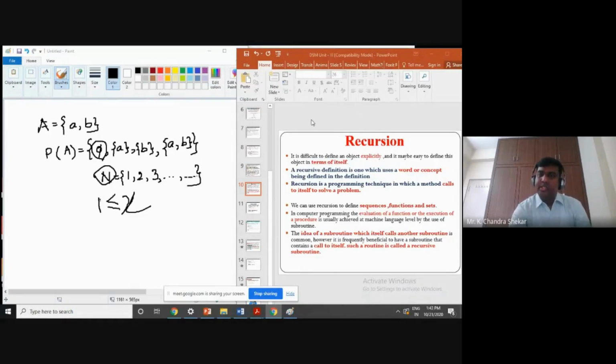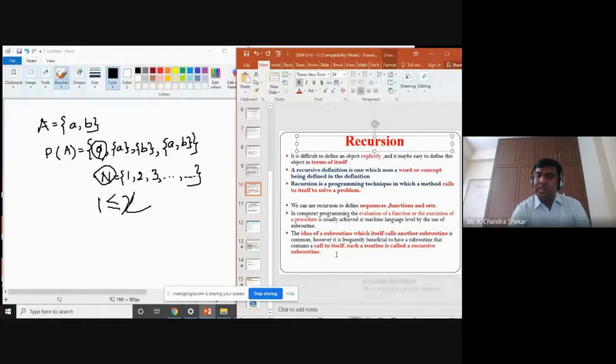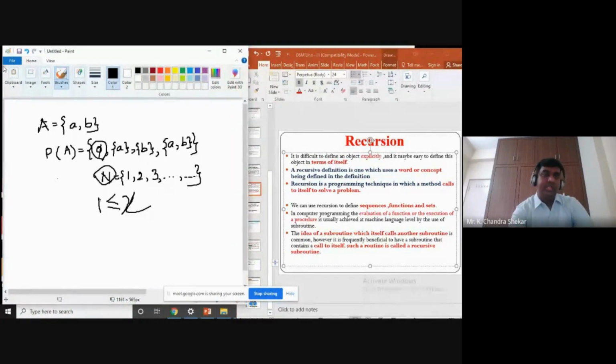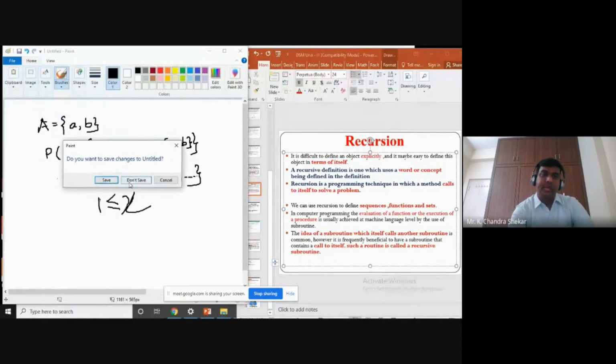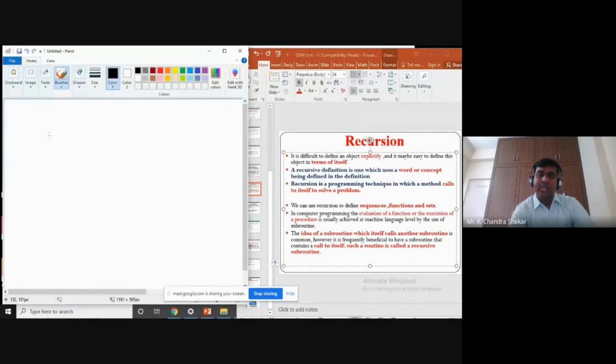So what is recursion? Basically, there are some situations where we can't exactly define an object explicitly. In that situation, we go for defining the object in terms of itself. So defining a particular object or a particular concept in terms of itself is called the concept of recursion.